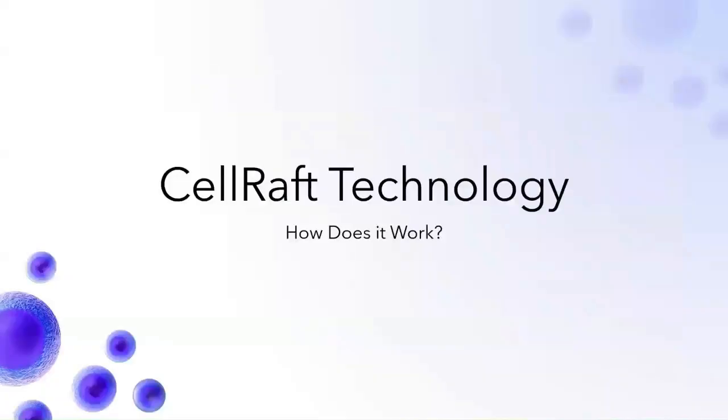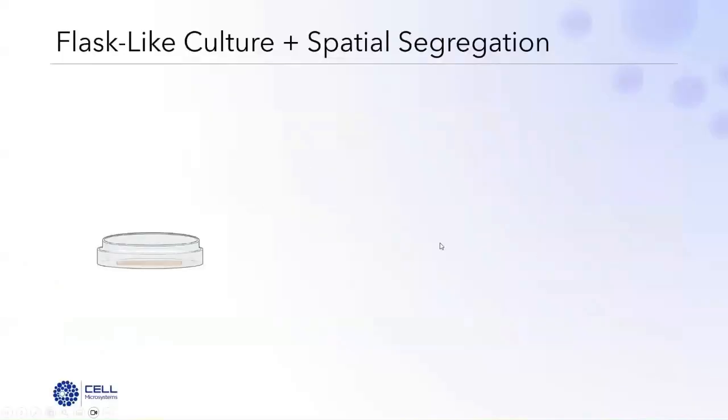So I'm sure by now you're curious how the technology actually works. So I'm going to spend the last few minutes giving you a bit more information on the technology and the instrumentation. As you've probably already gathered, the consumable works and acts just like a regular tissue culture dish. We can seed the cells into the reservoir of the cell raft array.